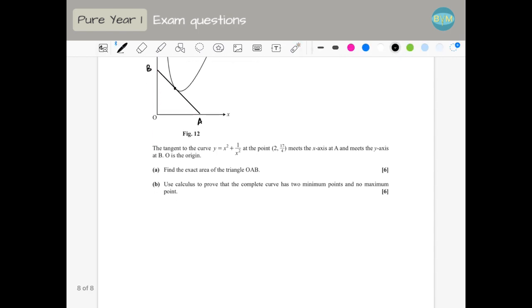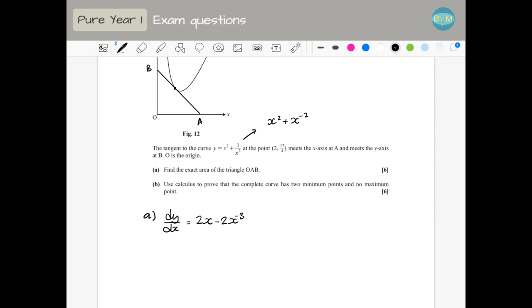Equation of the tangent. First thing we are going to do is differentiate the function to get the gradient. I'm going to rewrite this function as x squared plus x to the minus 2, it's easier to differentiate. So the derivative of the first one is 2x, the derivative of the second one is minus 2x to the power of 1 less, so minus 3.